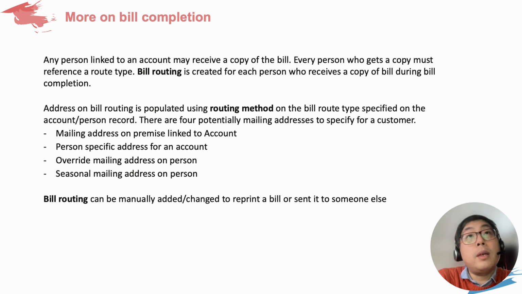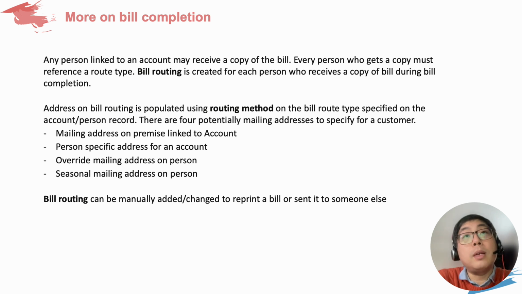The second one is the specific address of the person on the account. And then the next one is on the person, you can also override the mailing address rather than the default address for the person. You can have an override address.